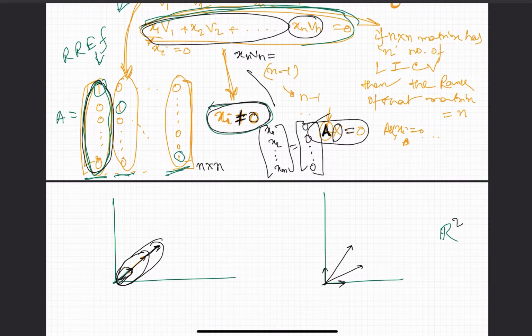The same thing, this equation, all would be 0. This is just described in equation form. So this is the concept of linear independence.